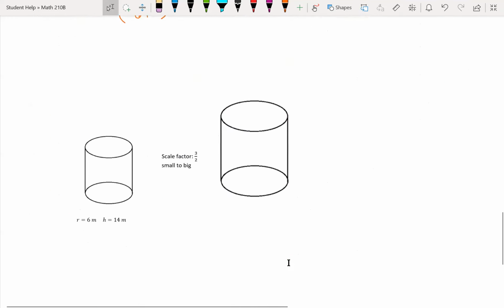All right, I want to do one more example just showing you volume. So in this case, the scale factor from small to big is 3/2 or 1.5. So that means that the radius on the right-hand side for the larger cylinder is going to be 6 times 3/2, which will be 9 meters.